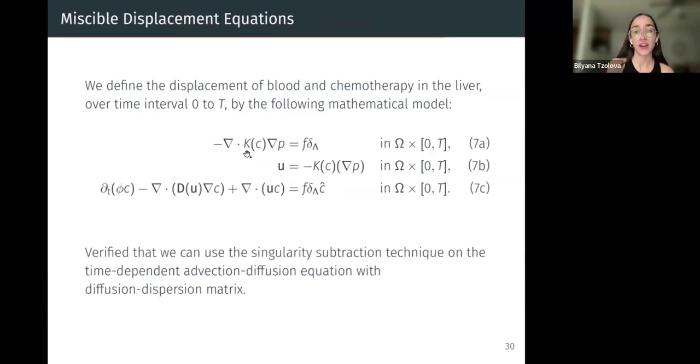So we're going to add back in our K of C coefficient here, and we're going to add back in our diffusion matrix D of U. Because we're adding this back in, our first equation depends on our solution for the concentration C, and our concentration C depends on the solution for pressure because our diffusion matrix depends on the velocity U. So we're going to do a time lag when we're solving for our pressure and our concentration. They're going to continuously update over our time interval.